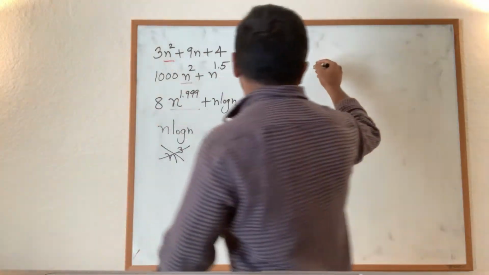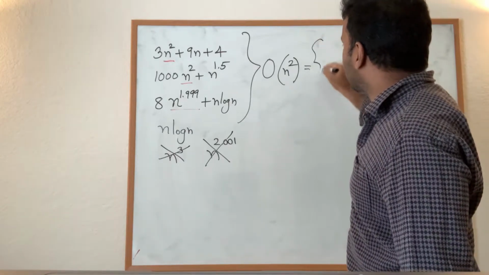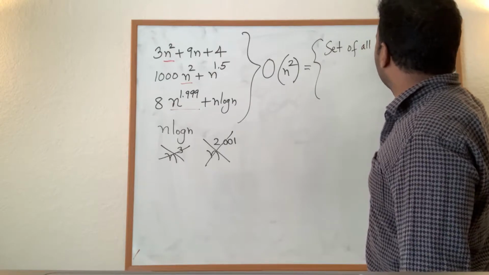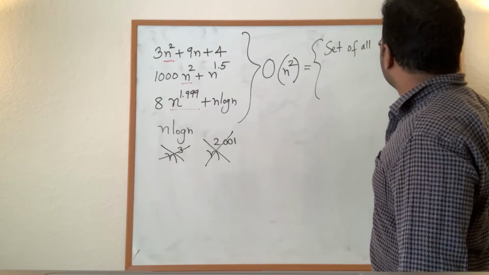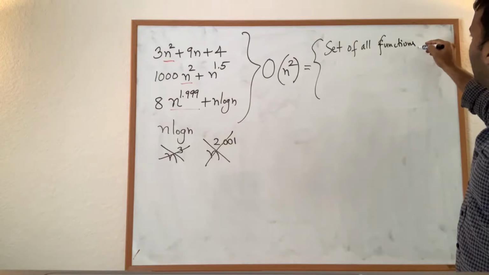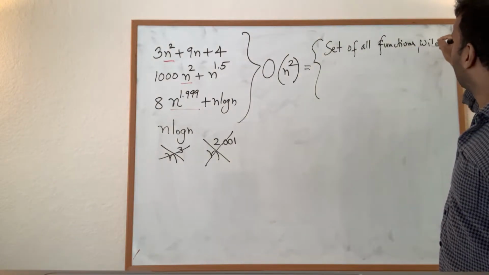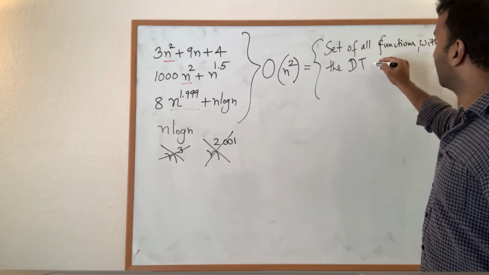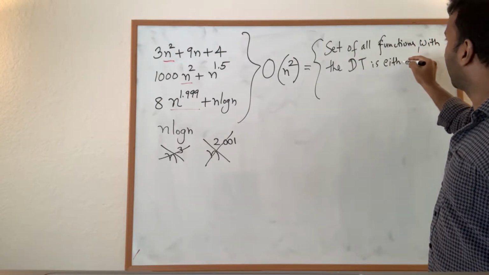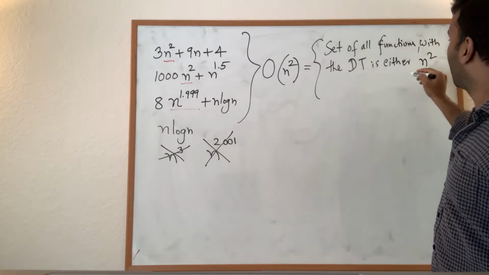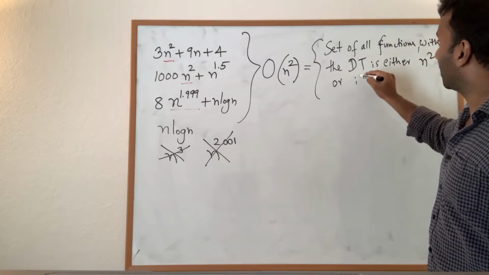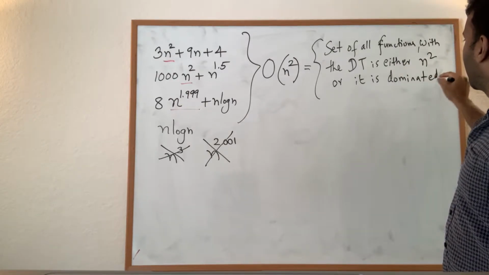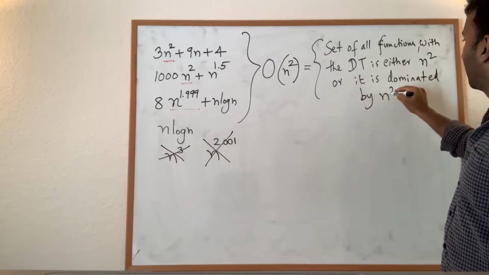So we can say that this is the set of all functions whose dominating term is either n square or is dominated by n square.